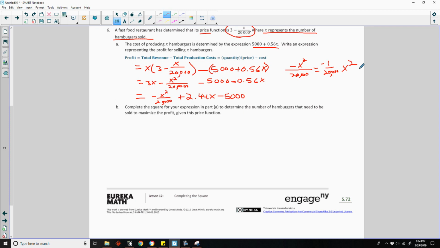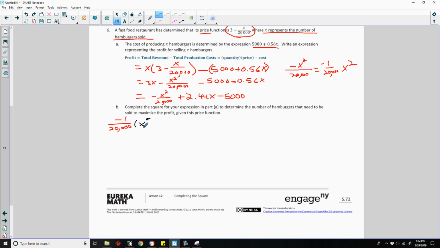I can pull that fraction out, if you will. So I want a parentheses with an x squared here. So I'm going to factor out a negative 1/20,000.